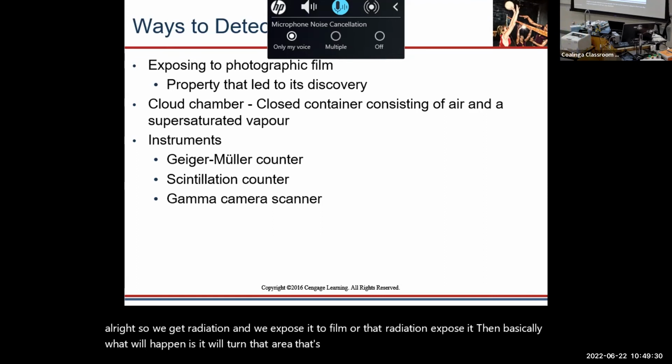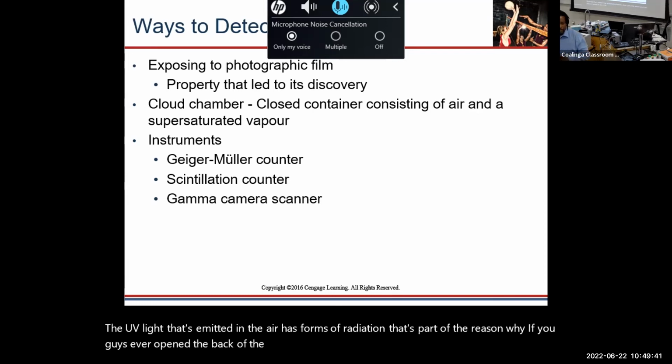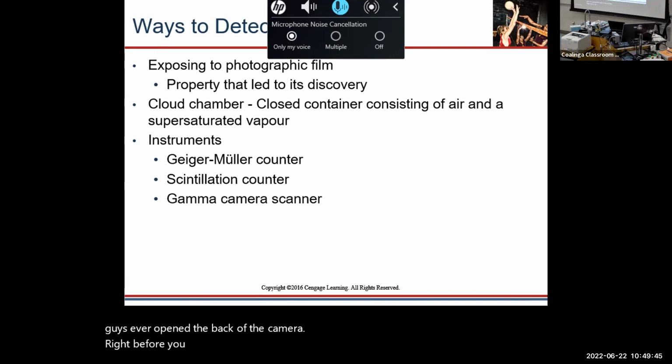So the UV light that's emitted in the air actually has forms of radiation. That's part of the reason why, have you guys ever opened the back of a camera to the light before you close off the film? Done that before, what happens? It damages it, it changes colors, right?